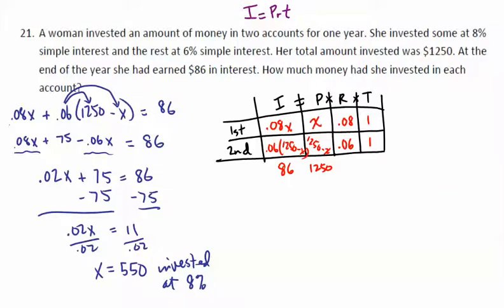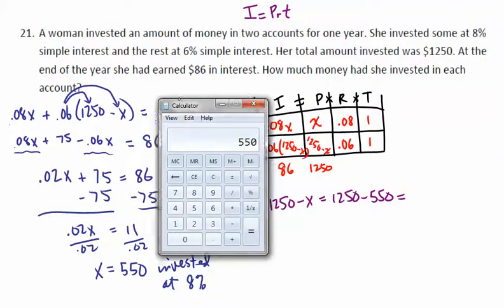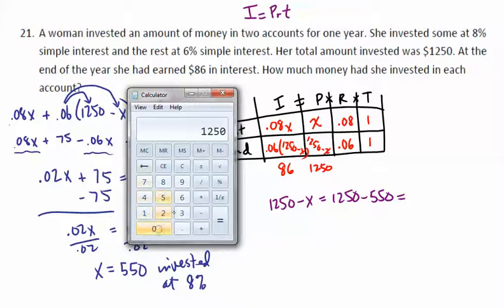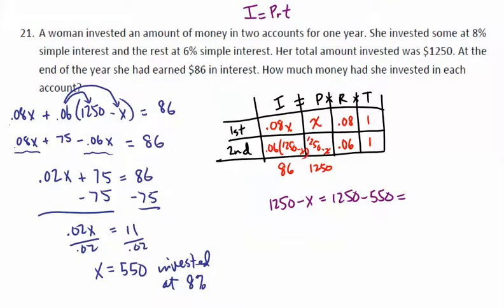To find the amount in the 6%, we use the formula 1250 minus X, which is 1250 minus 550. If we use our calculator, that's $700. So $700 is the amount invested at 6%. We'll go on to the last problem in this set.